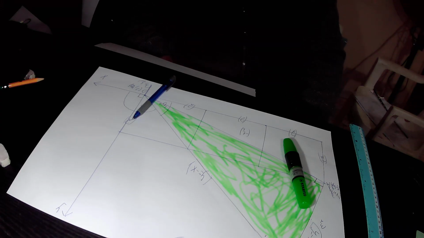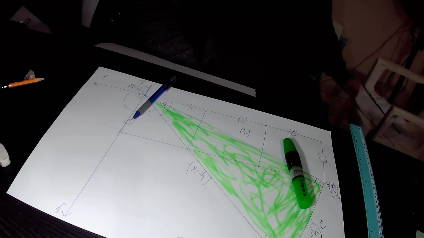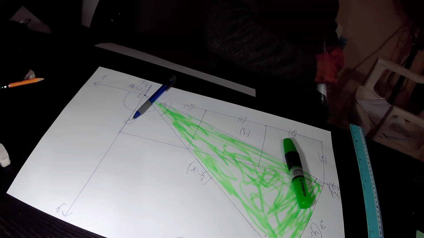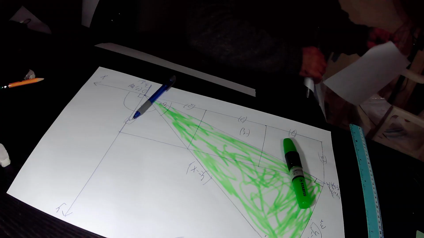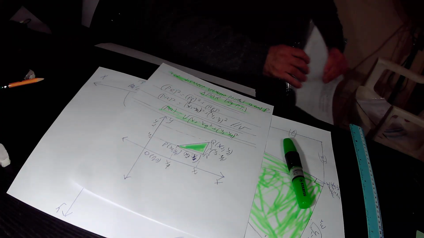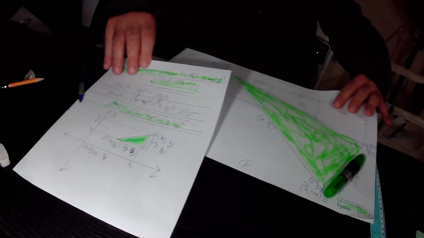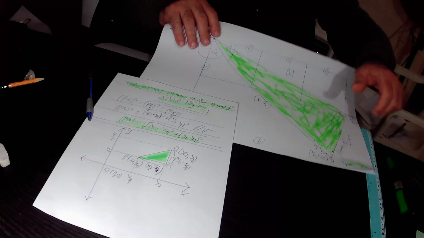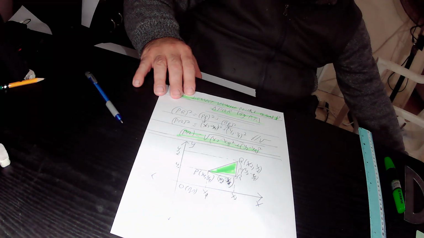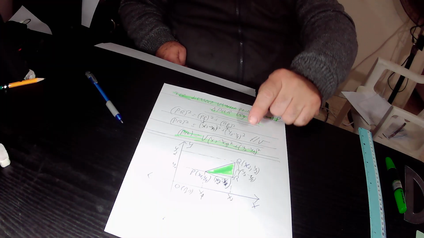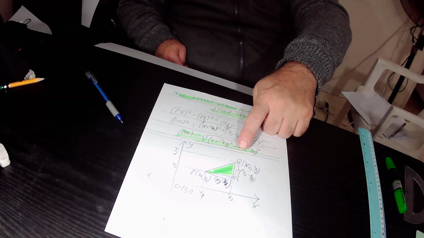So first of all, what is the formula that gives us the distance between 2 points? What is the distance between points Q and P?